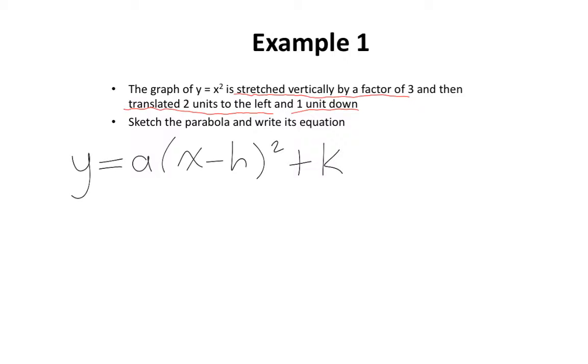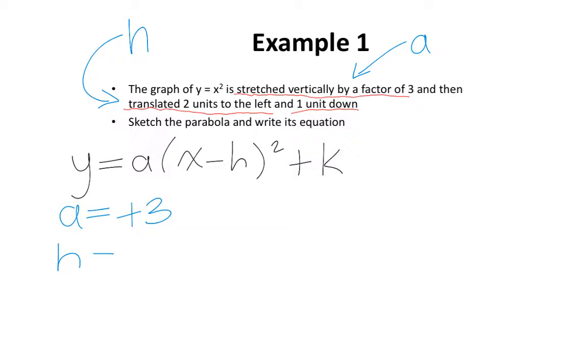We've been told that the parabola has been stretched vertically by a factor of 3. That detail corresponds to the a value. This would mean that a is equal to positive 3. Next, we're going to interpret this, which is translate 2 units to the left. That corresponds to the h value.